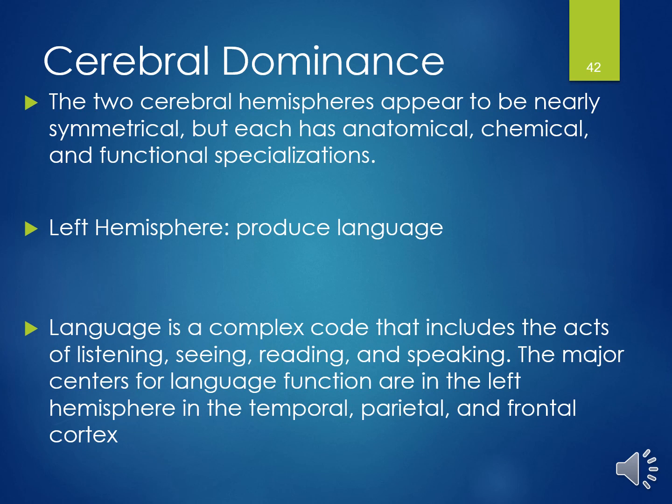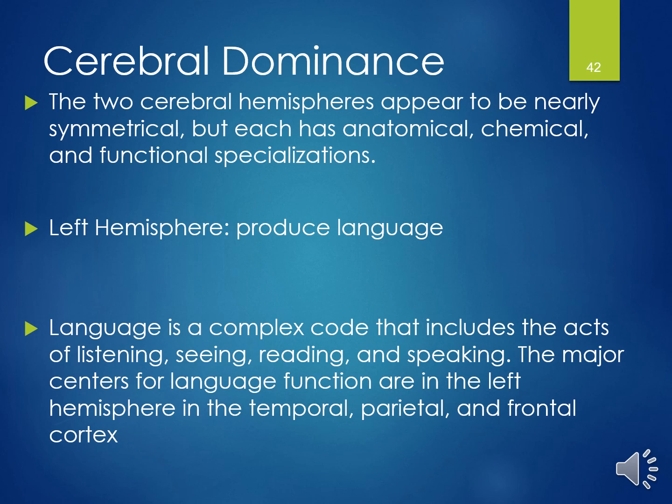It turns out in terms of the cerebral cortex that there are some asymmetries amongst either side. So the two cerebral hemispheres appear to be nearly symmetrical, but each has its own anatomical, chemical, and functional specializations. So, for example, the left hemisphere focuses on production of language.